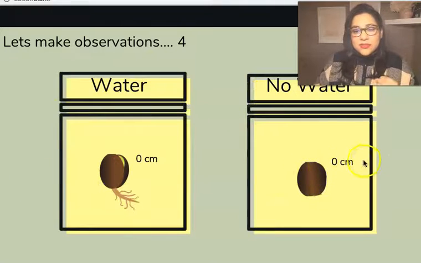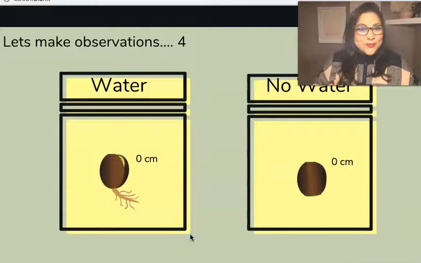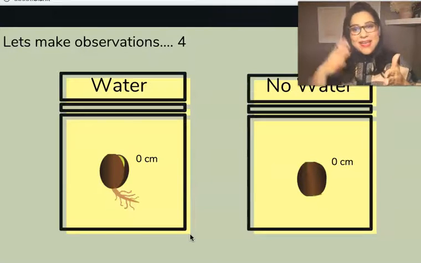So we will put 0 centimeters. Now for our lima bean in the baggie with water, we do see some roots, but we're still going to put 0 because we're going to be measuring the actual stem and we aren't able to see it fully yet. So we're just going to assume that for day 4, both are 0. So you're going to see that in the second column and in the third.